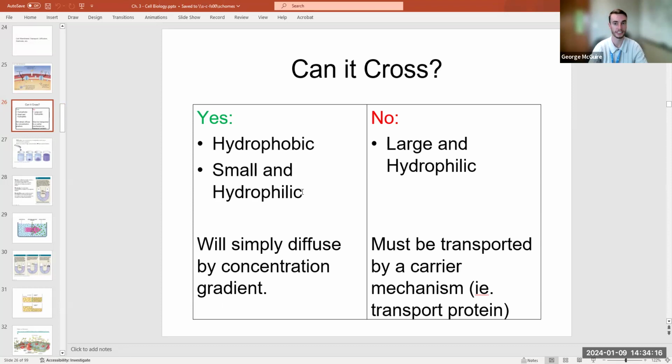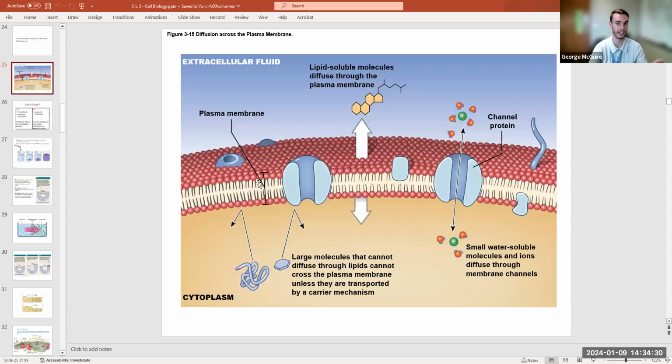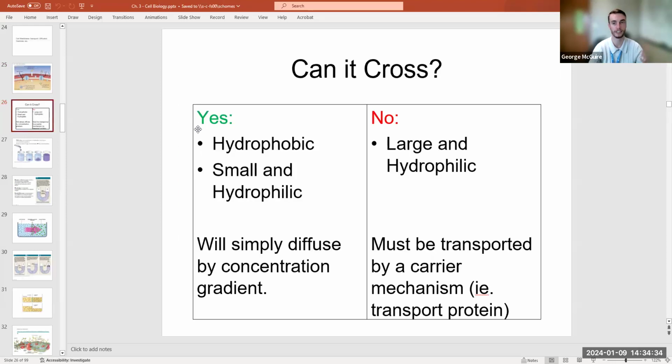So these are really just ions, so individual elements that are carrying a charge. And then most hydrophobic molecules, so those that do not bond with water, are going to be able to cross this membrane because the inner portion, these fatty acid tails that make up that inner portion of the membrane, are also hydrophobic, and so they can simply pass through.